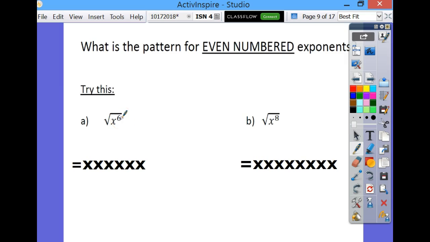X to the 6th power, I'm going to expand that by writing down 6 x's. 1, 2, 3, 4, 5, 6. And then I'm going to find the pairs. How many pairs?